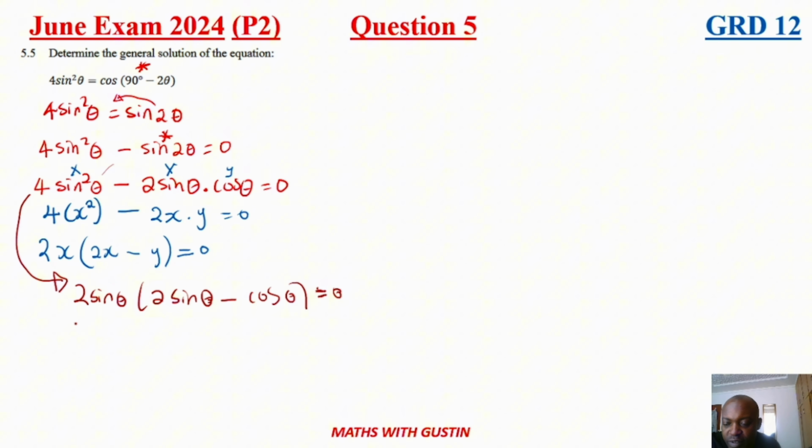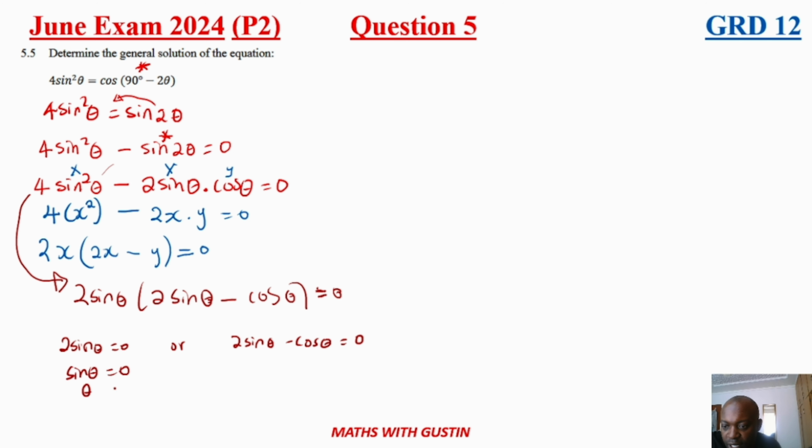So now what do you have? You are going to say 2 sine theta is equal to 0, or you are gonna deal with this part, 2 sine theta minus cos theta is equal to 0, right? So in this case now, this one here is in terms of 0. So you're going to divide by 2, you're going to be left with that.